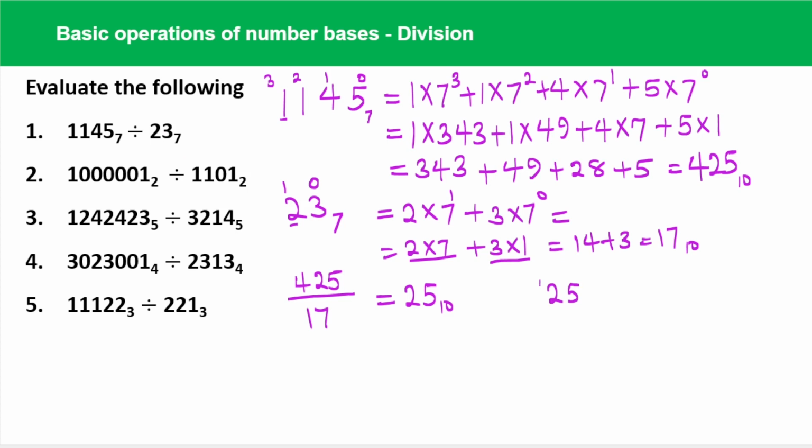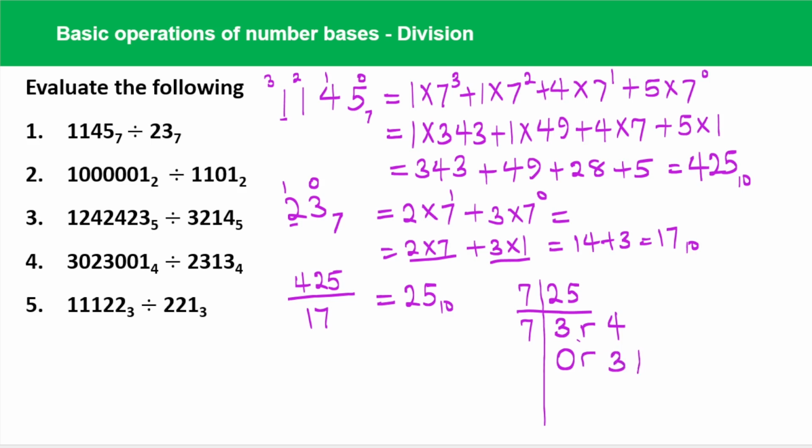To do that, we will divide 25 by the base we are required to change into. So 25 divided by 7: 7 in 25 will be 3, 7 times 3 is 21, remainder 4, I beg your pardon. Then 7 in 3 will be 0, since 7 cannot divide 3. Since this 3 was not divided, we move the 3 over to this side as our final remainder.